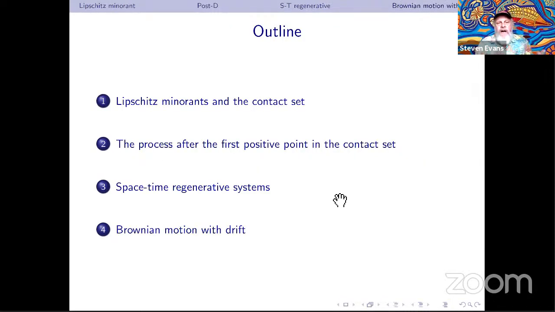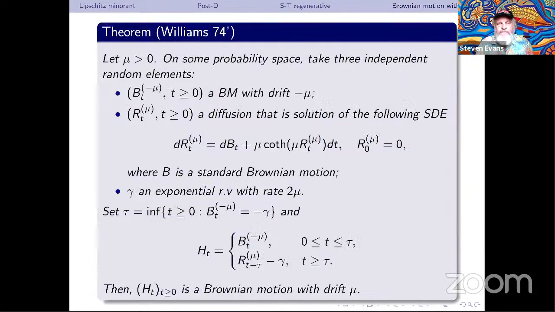Okay, so now I want to finish up with looking at the case of Brownian motion with drift and do some explicit calculations. First of all, I need to remind you of Williams' decomposition from 1974.